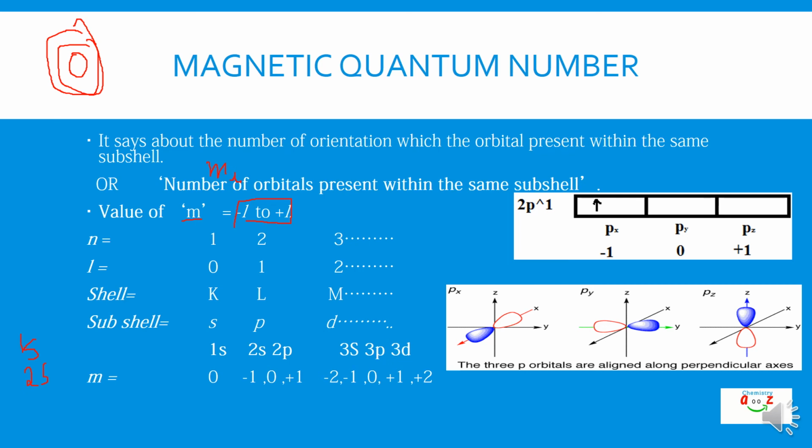Means as n is equal to 1, तो L is equal to 0 है स्टूडेंट. तो यहाँ पर m की वैल्यू 0 होगी क्योंकि 0 माइनस 0 और प्लस 0 नहीं होता है. Same way, if n is equal to 2, then L is equal to 1, then the value of m is -L से +L, मतलब minus 1 से plus 1. So minus 1, उसके बाद में आता है 0 और उसके बाद में आता है plus 1.